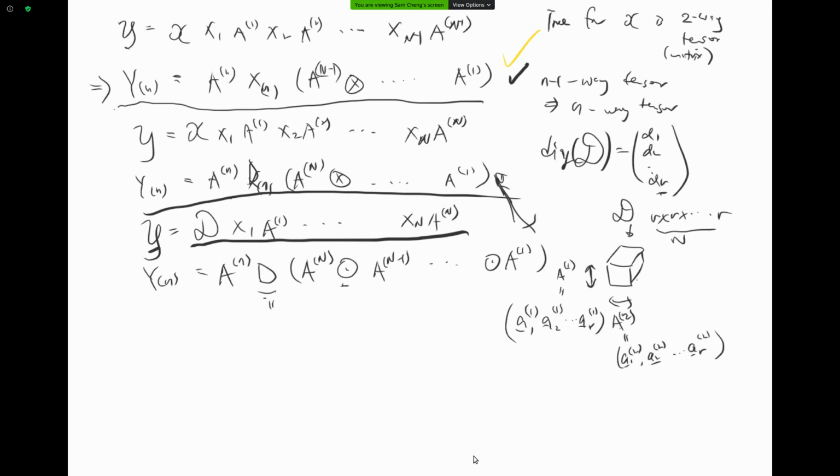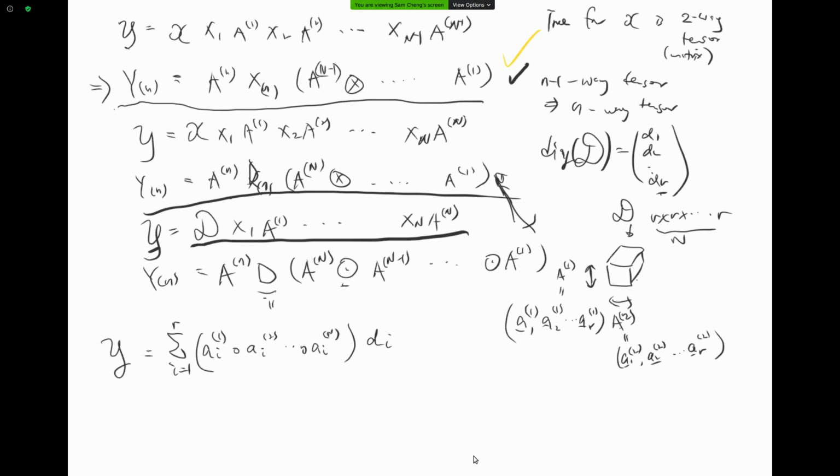Each of them is the outer product of a_i1, a_i2, and so on up to a_in, summed over i and weighted by d_i, from i equals 1 to R. That's basically what Y really is.